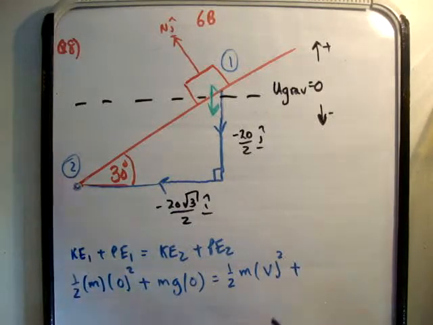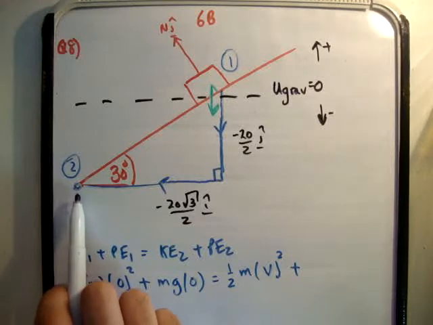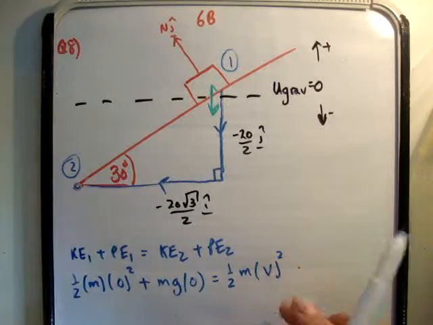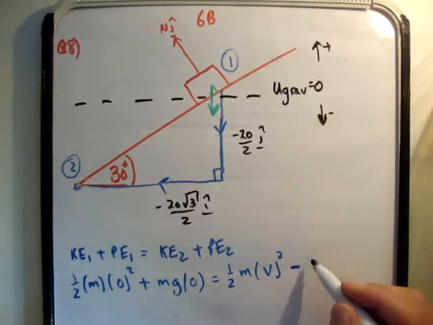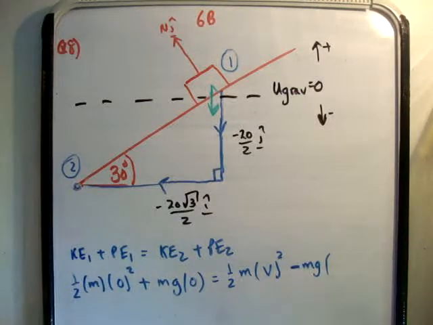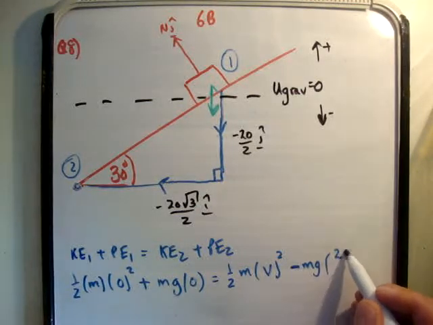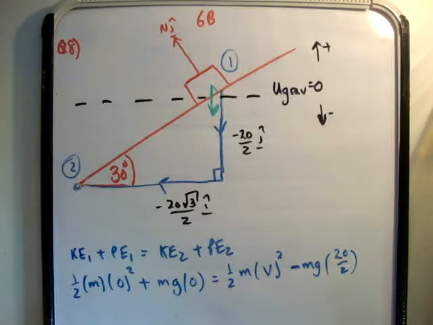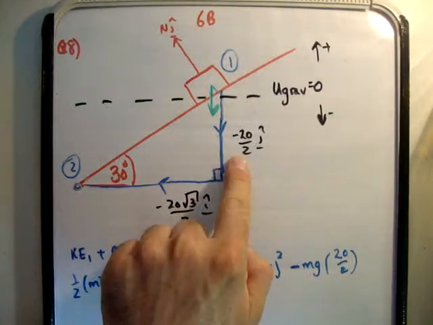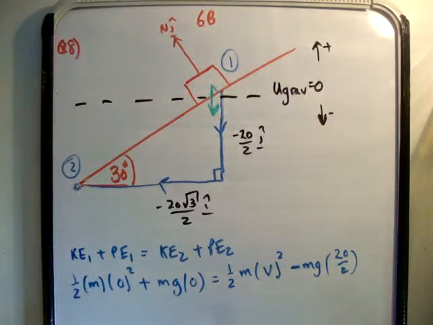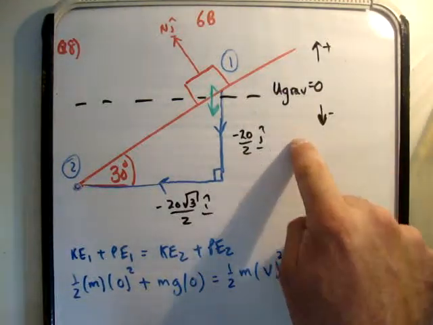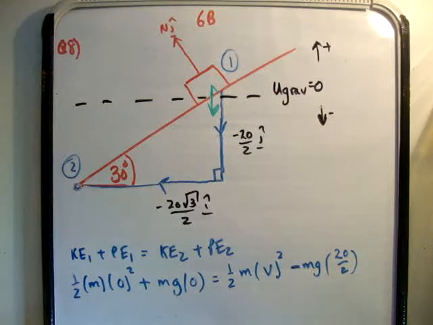Then the potential energy. First of all, we know that the potential energy is a negative number, so we can straight away write a negative in here. Then mg times the displacement, which is 20 over 2. Now, be careful. If you wanted, you could have plus mg, but use the negative 20 over 2. Make sure it's negative because it's a negative gravitational energy.